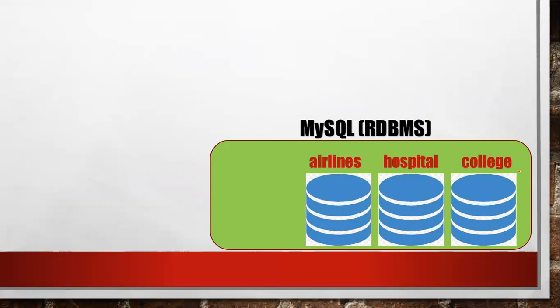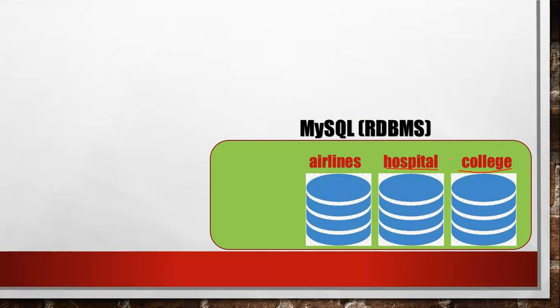So basically in this college database, all the information related to the college is stored in the form of tables. Similarly, in the hospital database, there is a table for storing the information of patients, one more table for storing the information of the doctors, and many more tables related to the hospital. So now we are clear that this is MySQL software, and right now it contains 3 databases: airlines, hospital, and college. We are just taking this example.